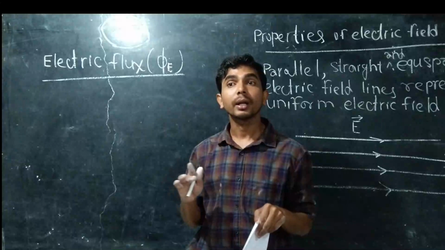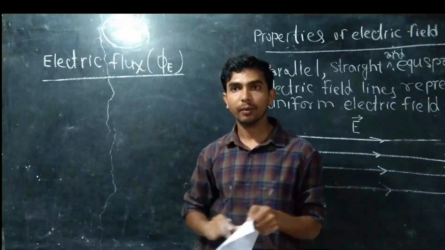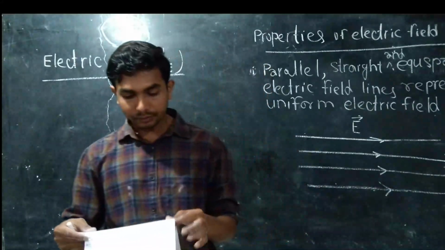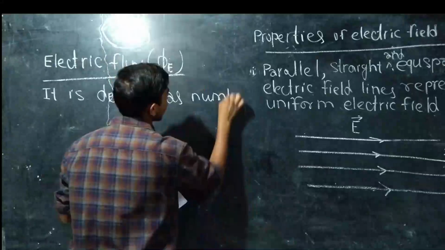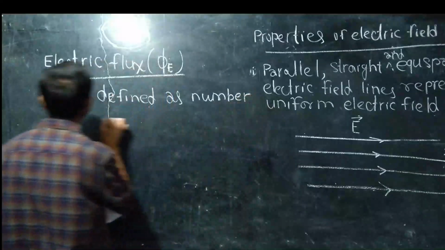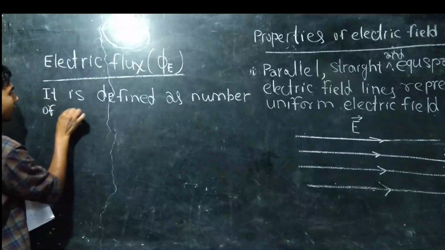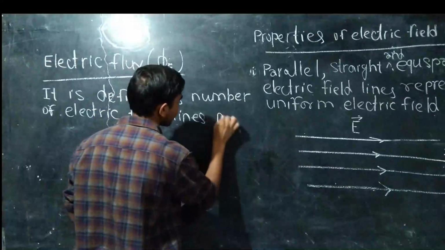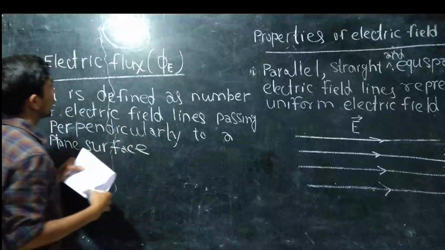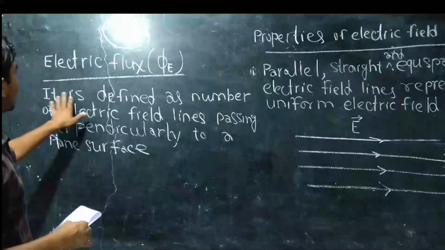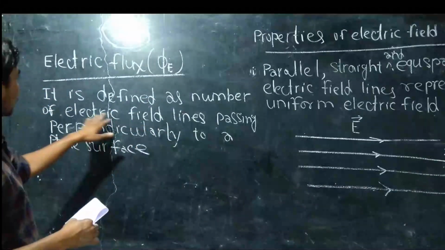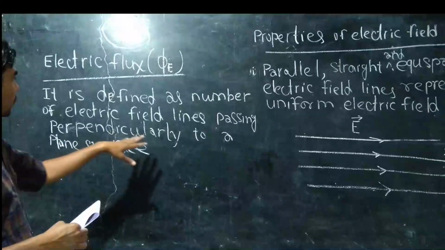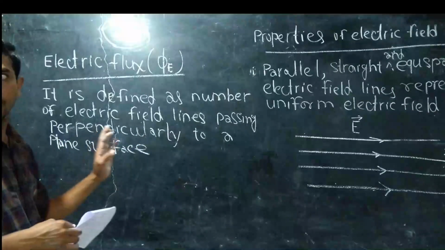So we can write here, electric flux is defined as the number of electric field lines passing perpendicularly to a plane surface, right?